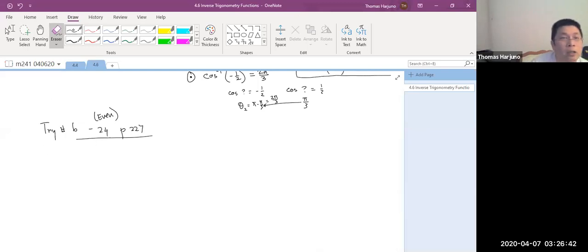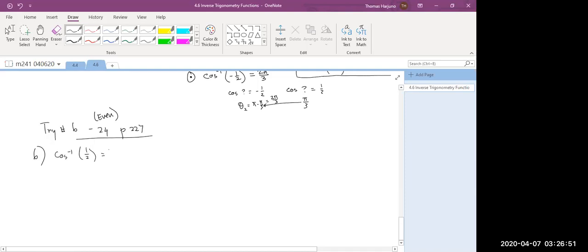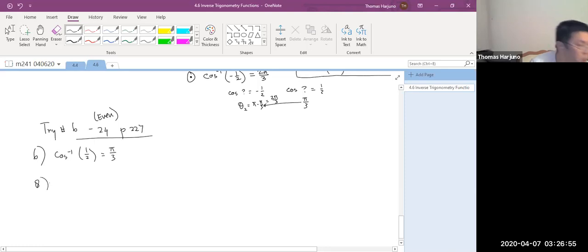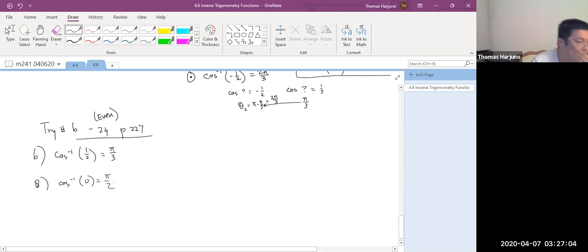Okay, let's start. Number 6. Cosine inverse of 1/2 is, I think we did that earlier. Pi over 3. Pi over 3, that's right. Number 8. Cosine inverse 0 is pi over 2. Tangent inverse 0.